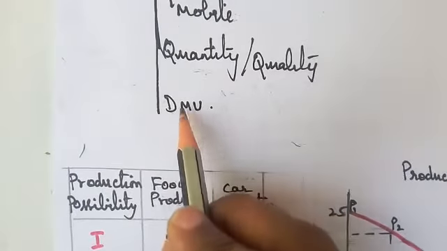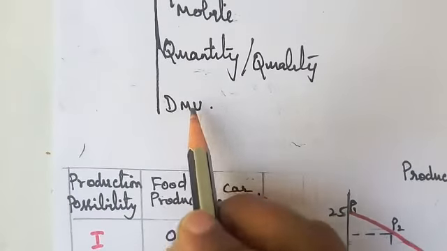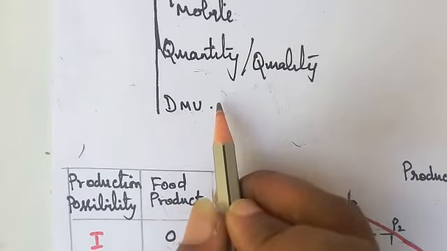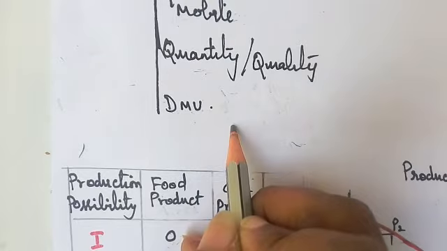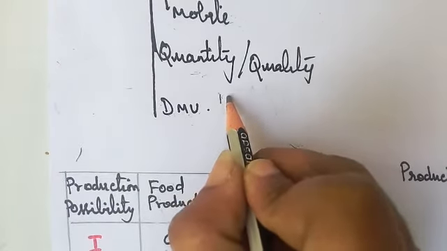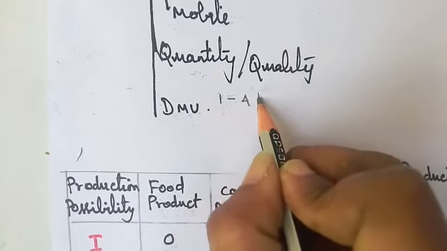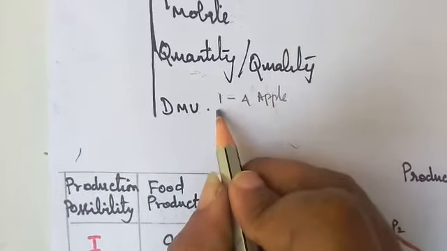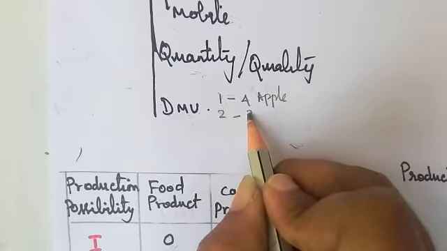Next is DMU, that means diminishing marginal utility. Diminishing marginal utility means if I eat more and more, my wants will reduce. For example, if I eat 4 apples the first time, the second time I will eat 3 apples.